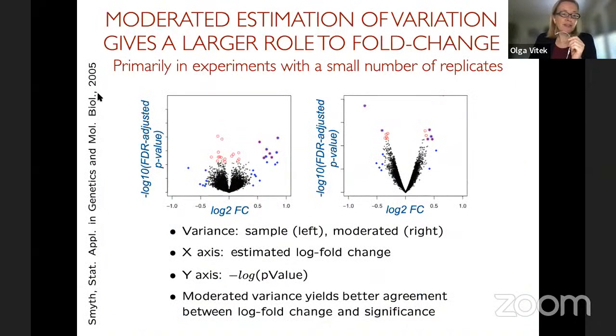This is one of the older publications which shows essentially how the variance is stabilized. So this is the volcano plot, as we discussed, right? Log fold change and negative log p-value adjusted for multiple testing.